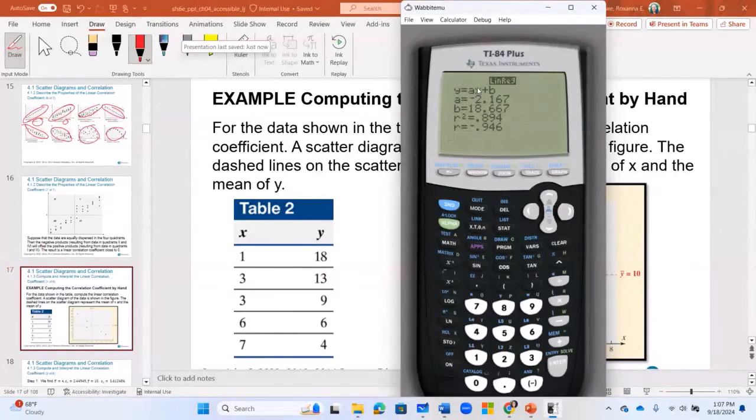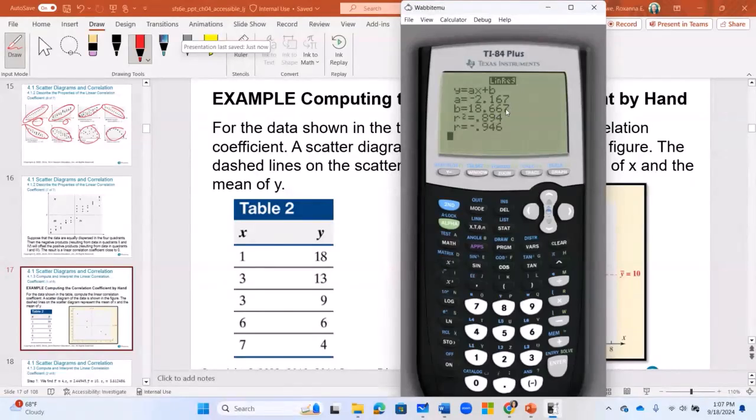So it tells me this is the kind of equation I picked, number 4. Tells me that the slope is negative. That means that the line of best fit has a negative slope. The y-intercept is 18.667 to 3 decimal places.